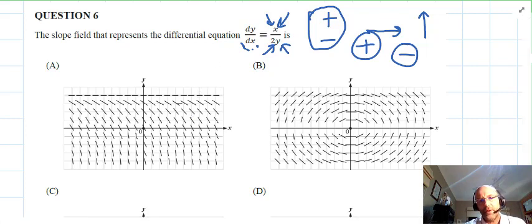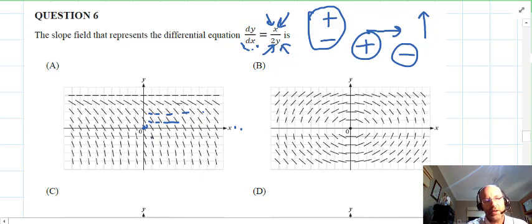Alright, so if x is increasing in the positive part of the x-axis, which is quadrant 1 here, we can see on the diagram that if we don't go anywhere in the y direction, we should have an increasing gradient. Now in the first one we don't. As we go across any value of x, it appears the gradient is unchanged, and that definitely seems to be the case wherever we go, and into the negatives it's the same too.